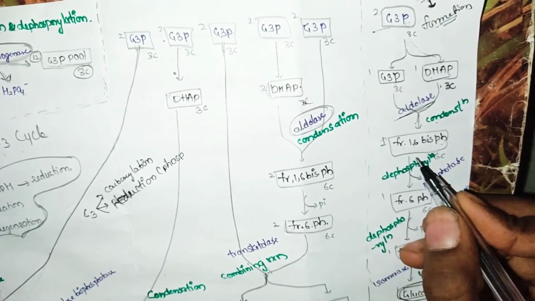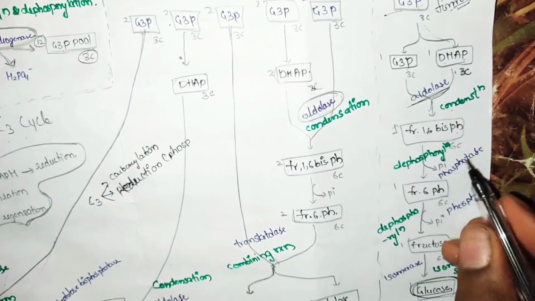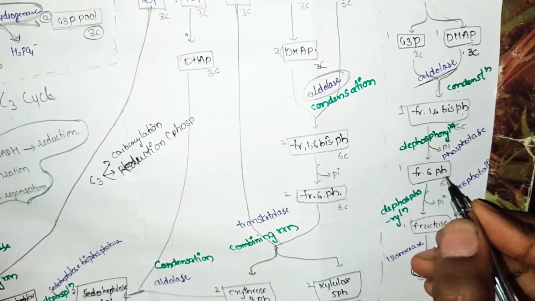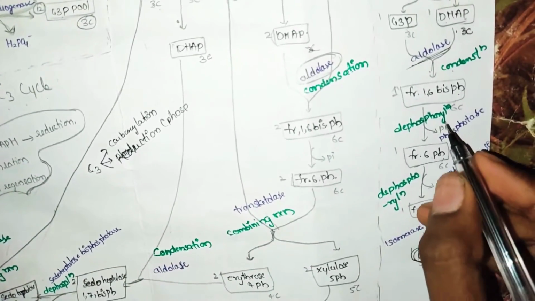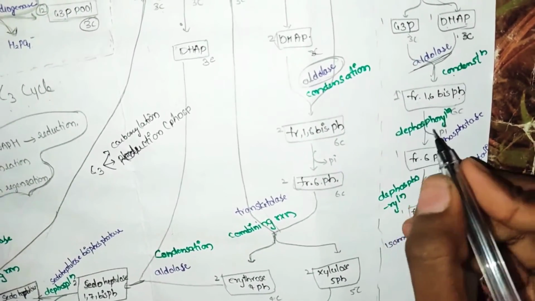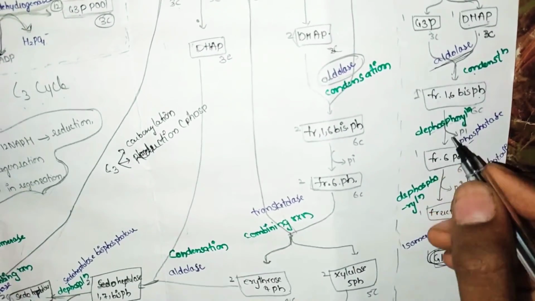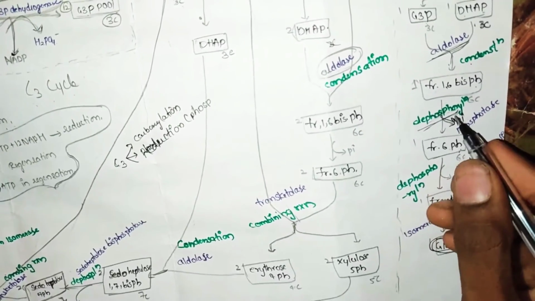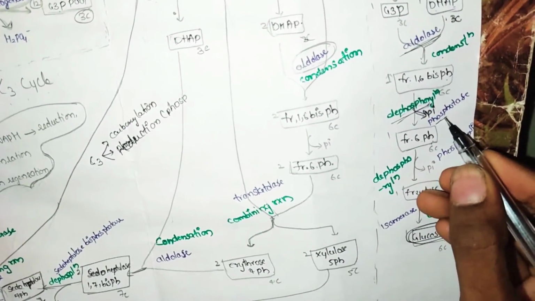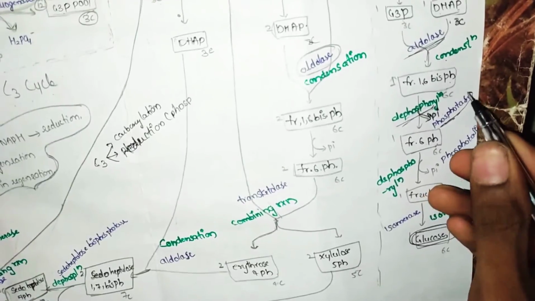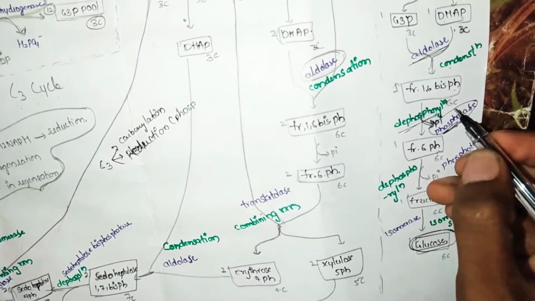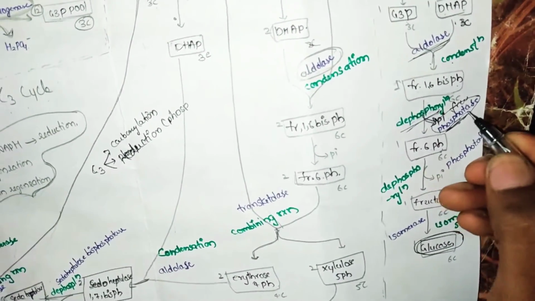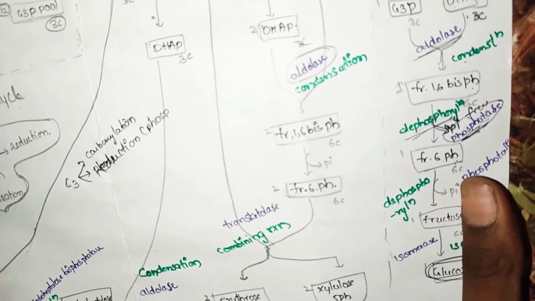And here the fructose 1,6 bisphosphate is converted into fructose 6-phosphate, or fructose monophosphate. Here the phosphate is released from the fructose bisphosphate, so it is called a dephosphorylation reaction. It takes place in the presence of phosphatase, also called fructose phosphatase.